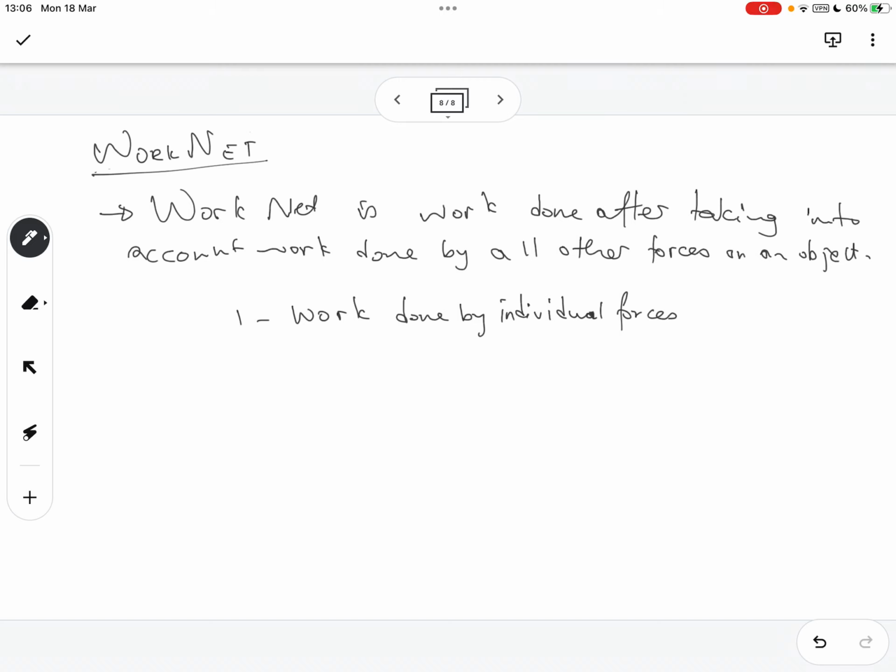And then sum them up, taking into account the signs and directions.